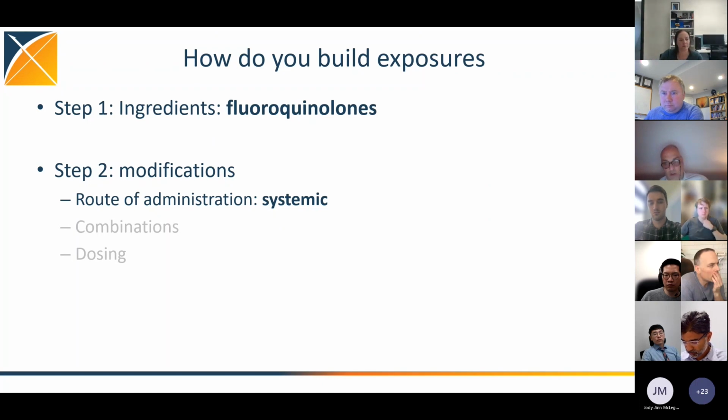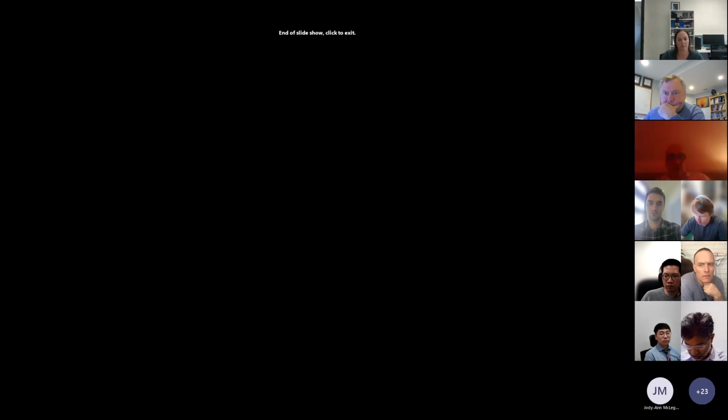If you find out in a feasibility that your data don't have anything that will help you with the modifications, you just have ingredients, obviously you don't need step 2, but you need to think that there may be records in the database which are only ingredients. And then you have to decide, do I want to take them, or do I trust them, or do I not trust them? Okay, so let's do that.